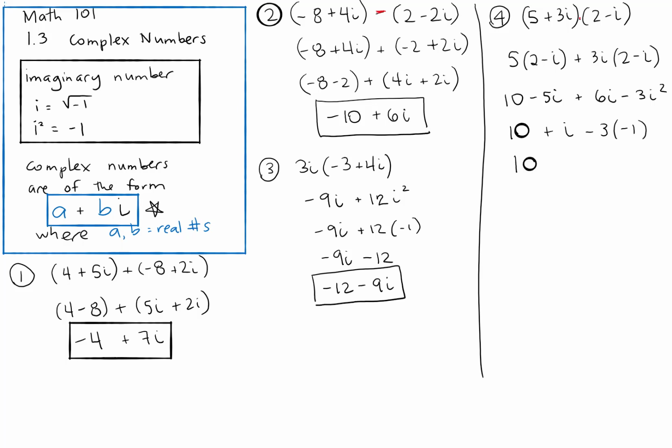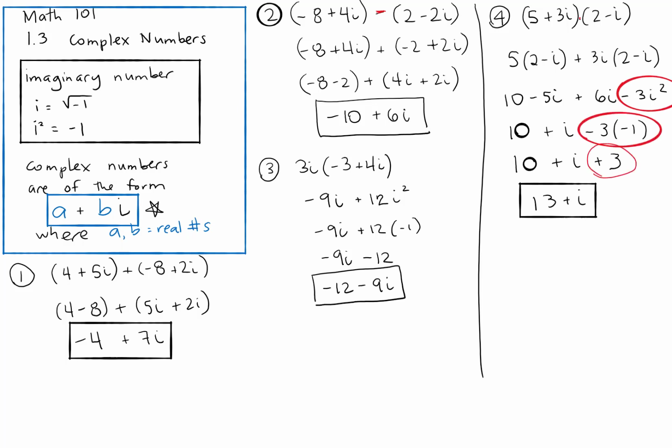I get 10 plus i plus 3. That becomes 13 plus i. You have to be very careful right at this step that when you convert it, you get to the right sign. A lot of people will try to do that in their head, but they'll write minus 3 instead of plus 3. So that's just something to be aware of.